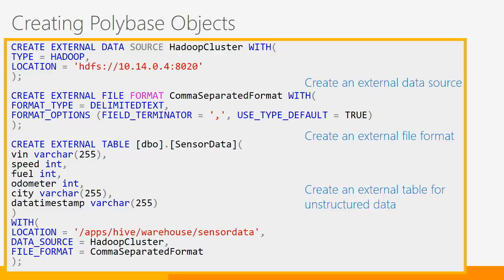So in here you do all the usual things you do with a table, say all the fields and types, which hopefully you've matched with your external table to have the same fields. And you just say where it is in the Hadoop data store, so you've got to drill down through all the folders and then match it up with your data source and your file format. So fairly straightforward stuff.